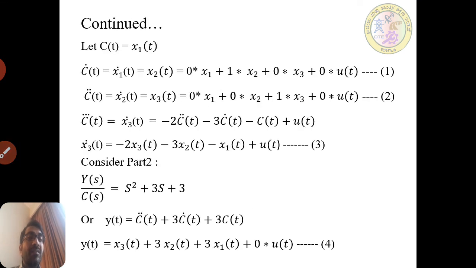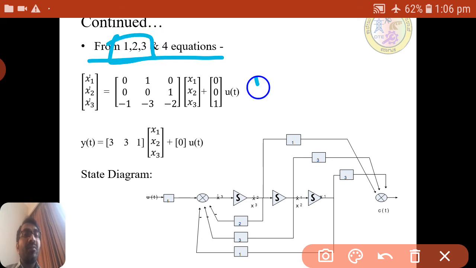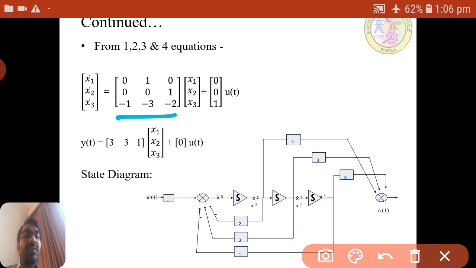Now by looking at equations 1, 2, 3 and 4, using the first three equations we can write the state model with the matrix 0, 1, 0; 0, 0, 1; and in the third row the coefficients minus 1, minus 3 and minus 2, multiplying x of t, and 0, 0, 1 is the input vector.